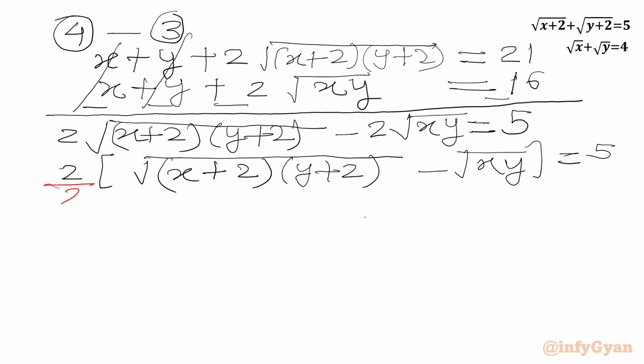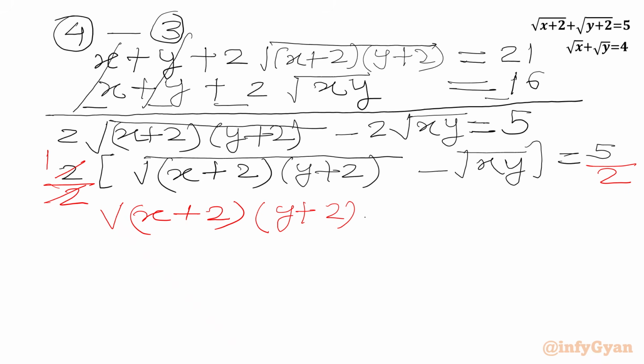So let me write here divided by 2, divided by 2. 2 over 2 will be 1. So I can write square root of x plus 2 times y plus 2 minus the square root of xy equal to 5 over 2.